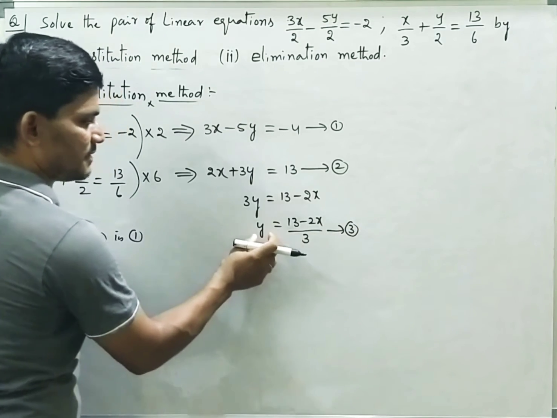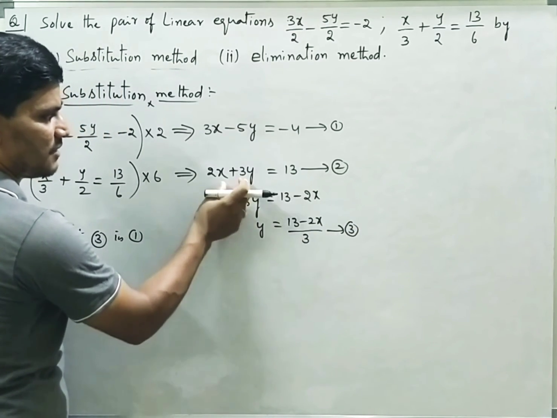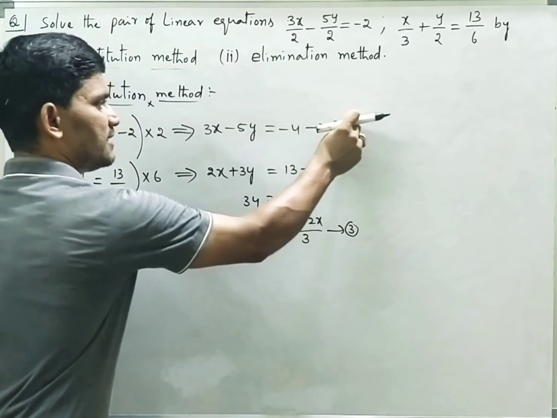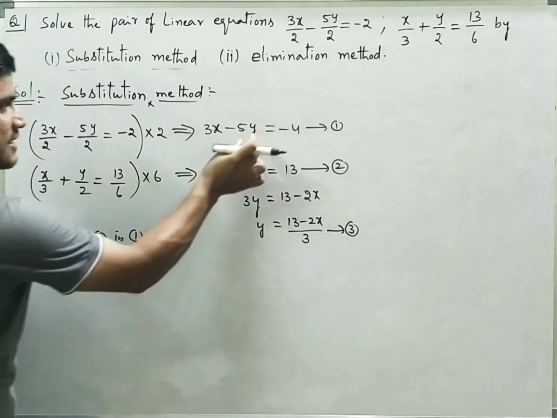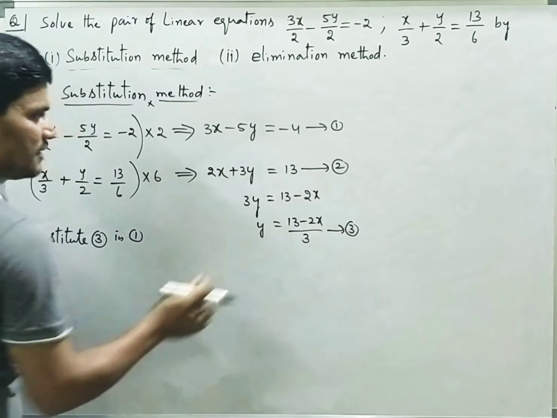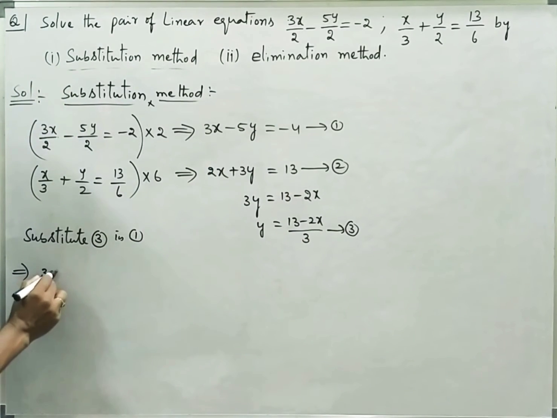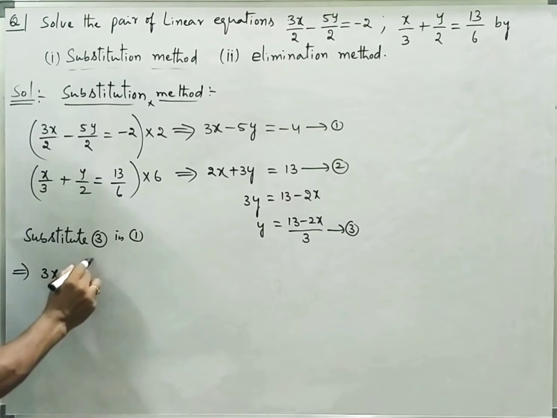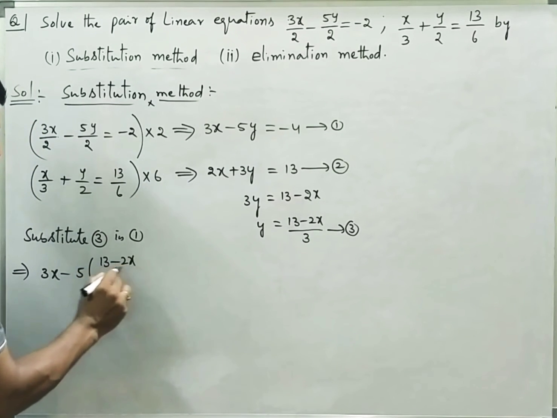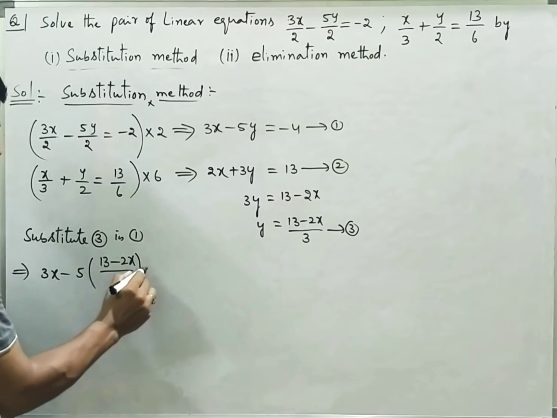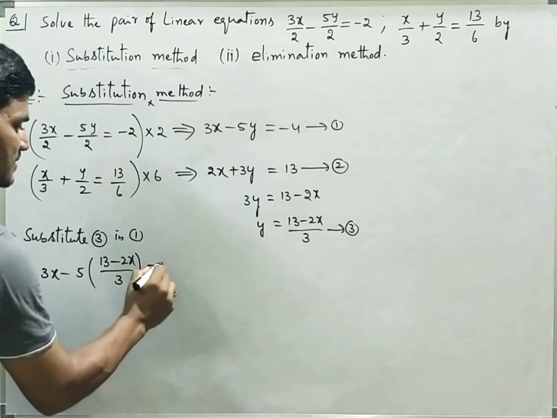This 3, that is the value of y from equation 2, has to be substituted in equation 1. So instead of y, write down this one. That is 3x - 5 times (13 - 2x)/3 = -4.